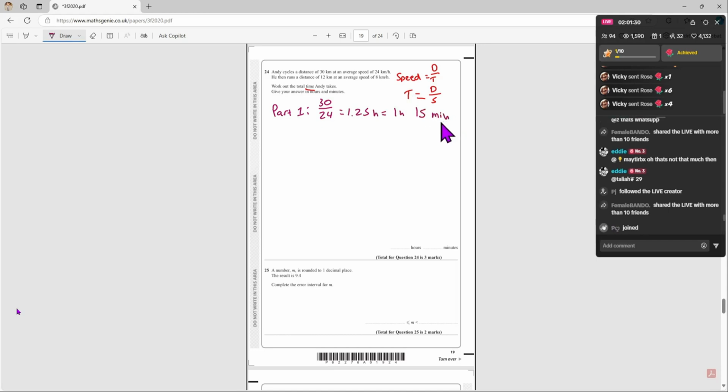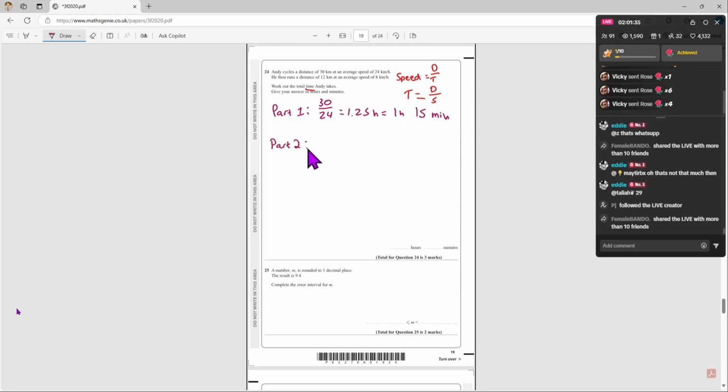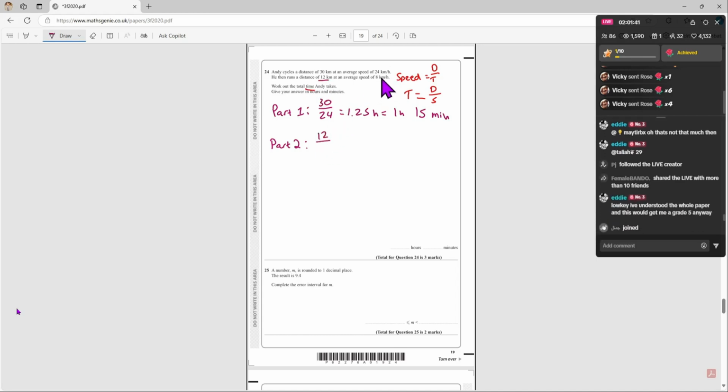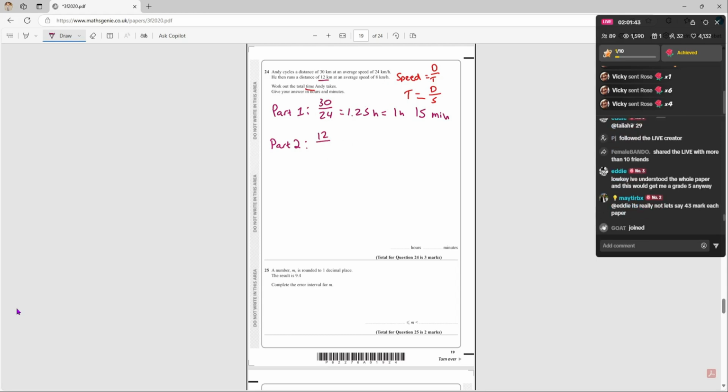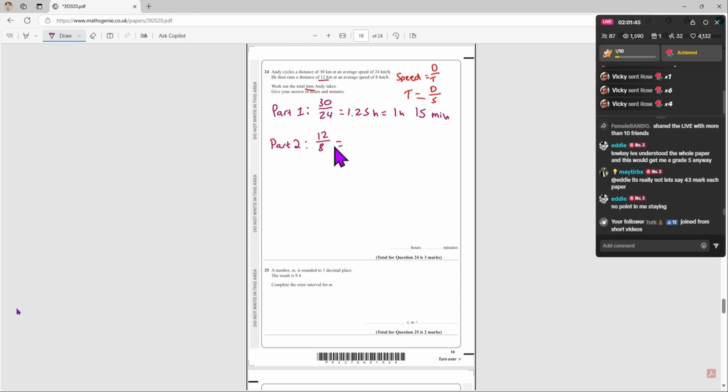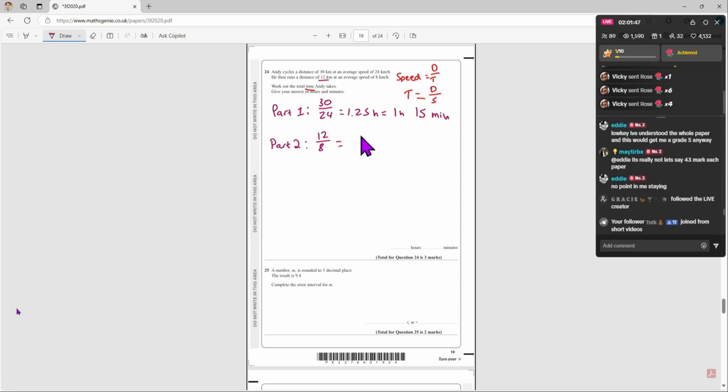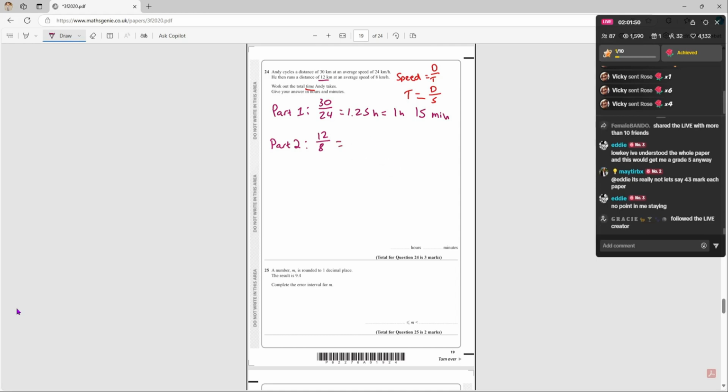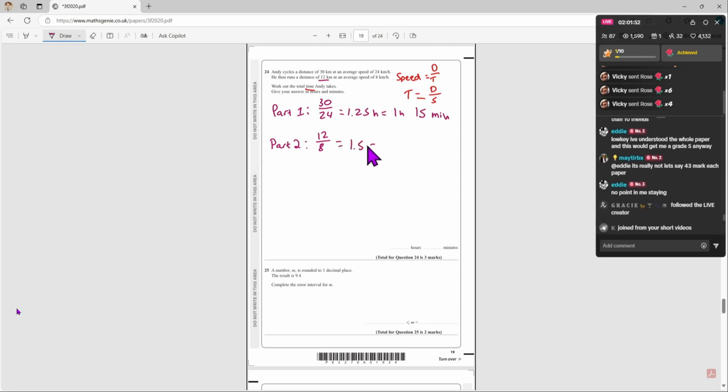Then we do the same thing for part 2 when he runs. He travels a distance of 12 kilometers, so it's 12 over 8 because that was his speed. 12 divided by 8 is 1.5 hours, and if you convert it into hours and minutes, that gives us 1 hour and 30 minutes.